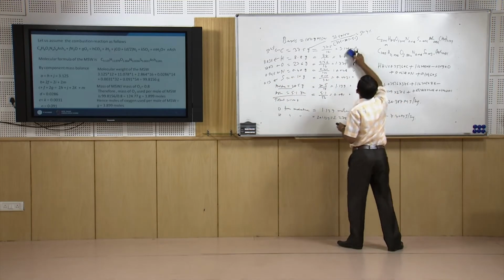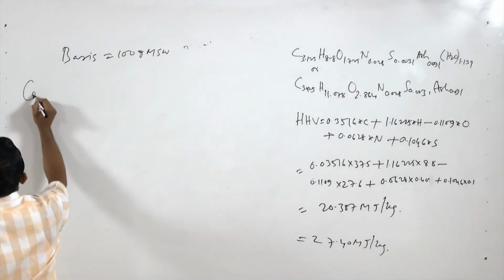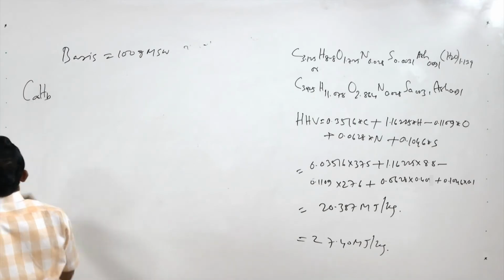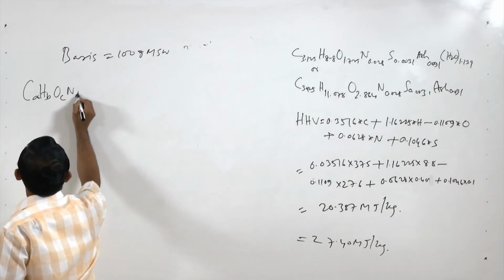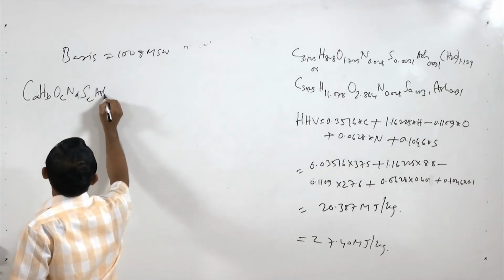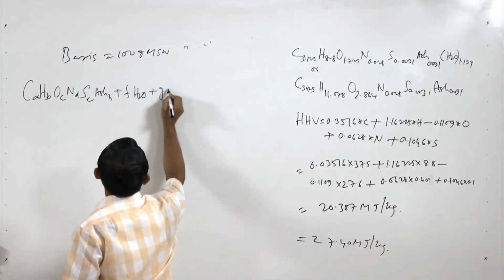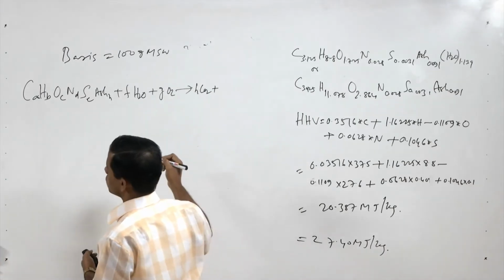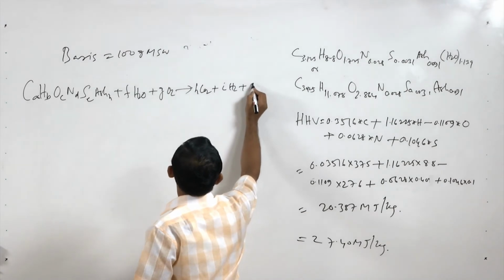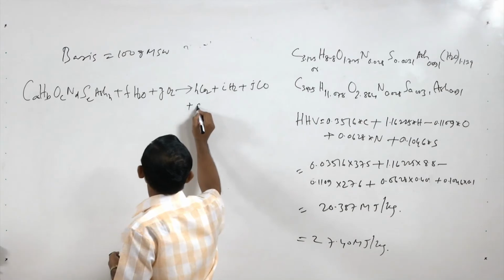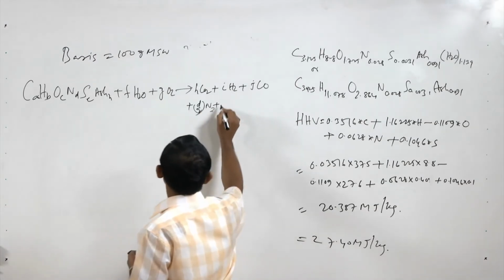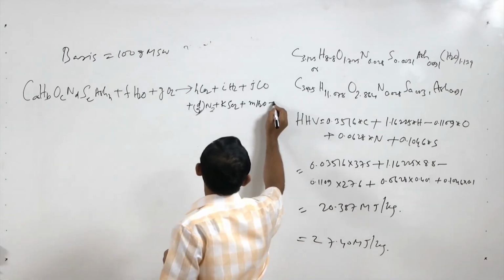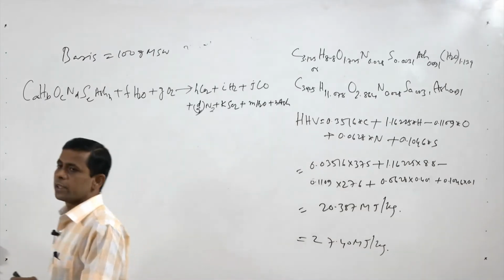So assume that CaHbOcNdSe as received plus F H2O plus G O2 gives H CO2 plus I H2 plus J CO plus d by 2 N2 plus K SO2 plus M H2O plus N char. This is the reaction we are assuming.